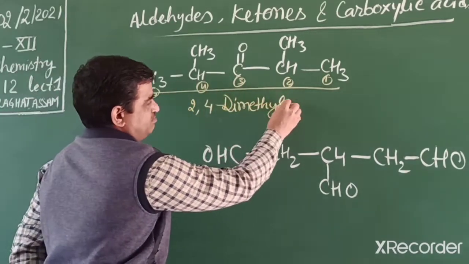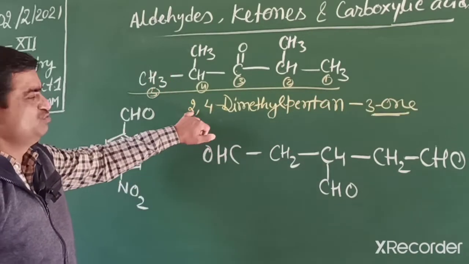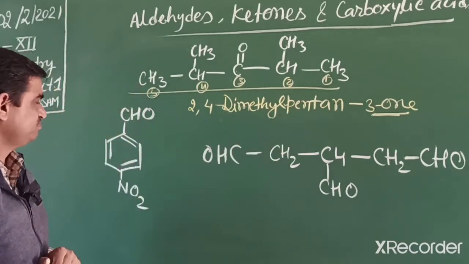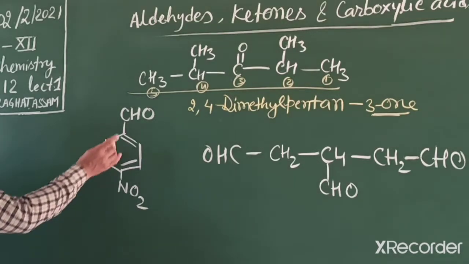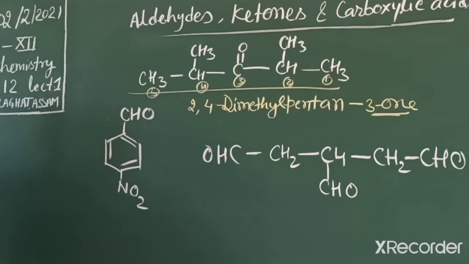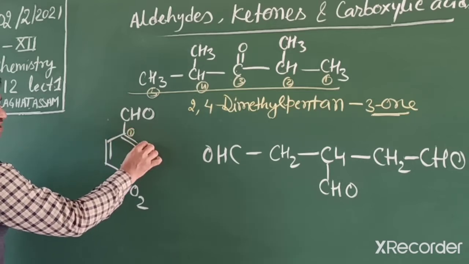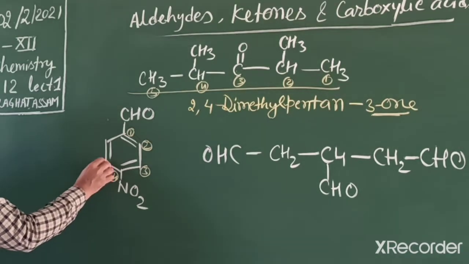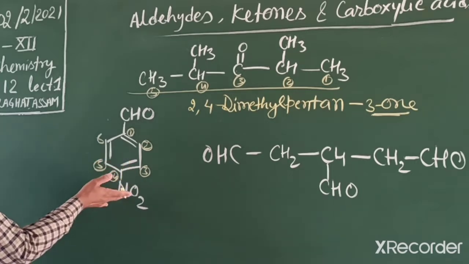Then 5 carbons, pent. The name is 2,4-dimethylpentan-3-one. Next compound: this one is an aldehyde, so we write the aldehyde as carbaldehyde, and this compound has a benzene ring. We have to start from this side, 1, 2, 3, 4, 5 or 6, meaning this one is an aromatic system. So 4-nitro.